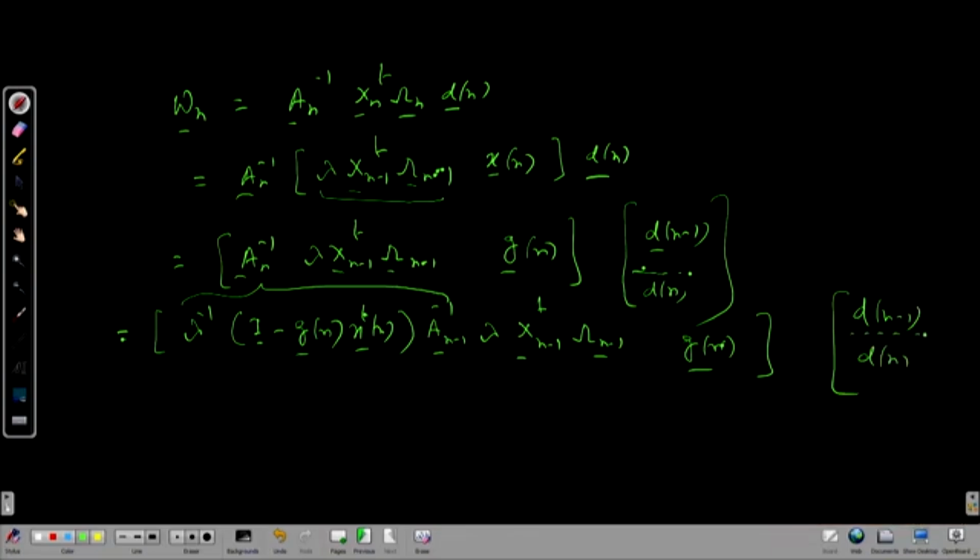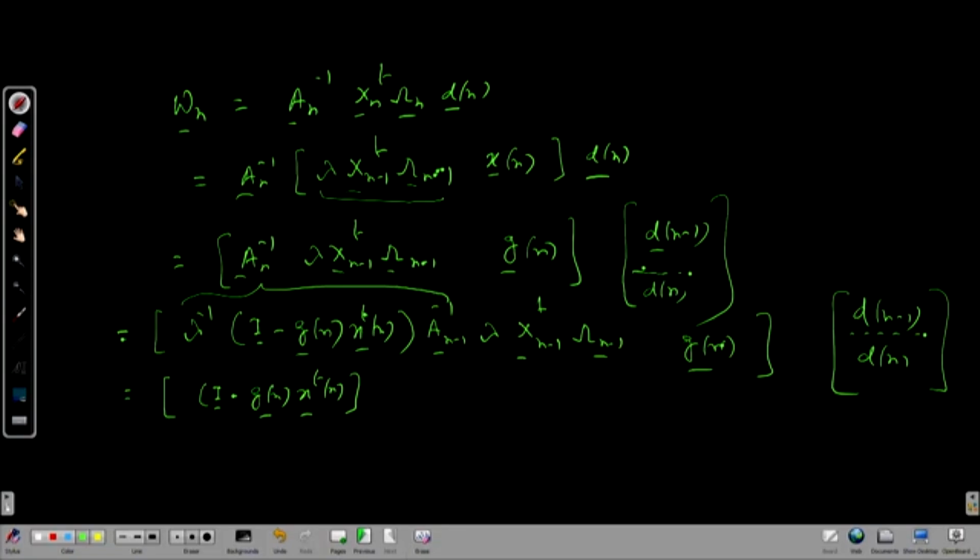It looks a bit complicated, but actually it will be simplified very soon. First you see lambda is a scalar. So, scalar number can be brought in the front and lambda inverse cancels, so lambda goes. All right. So, you are left with I minus G n x transpose n.